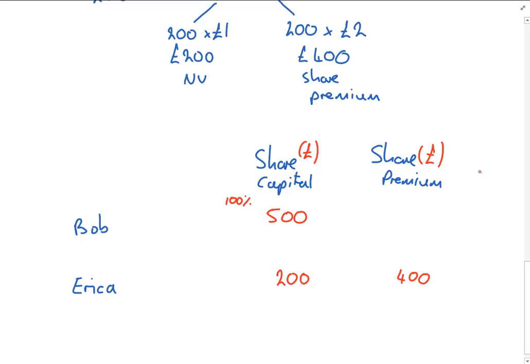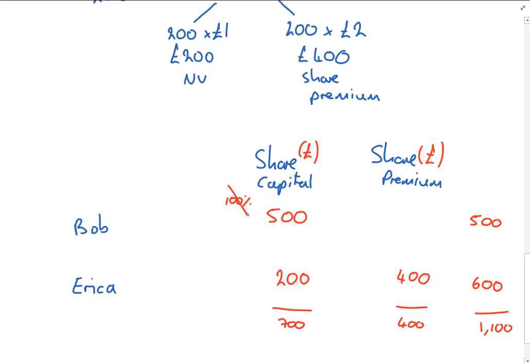So if we think about the totals now, just adding across, we've got Bob who invested 500, Erica who invested 600, the company has received £1,100. This has been made up of 700 share capital and £400 share premium. And you'll learn what can be done with the share premium a little bit later.